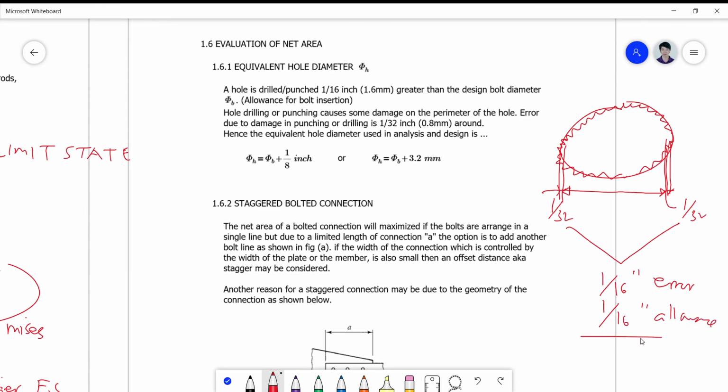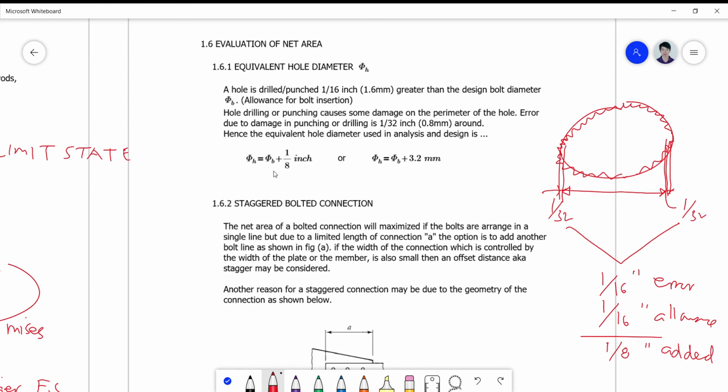Your total deduction will be 1/8. Okay, so this is 1/8 inch to be deducted, not deducted, to be added to the bolt diameter.